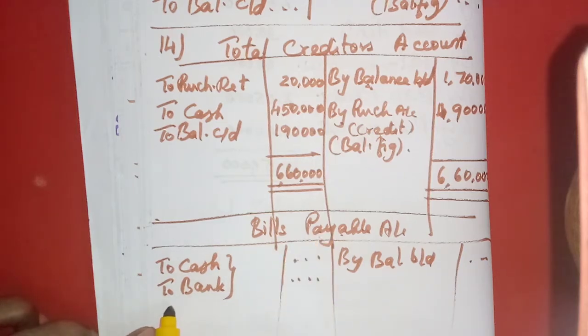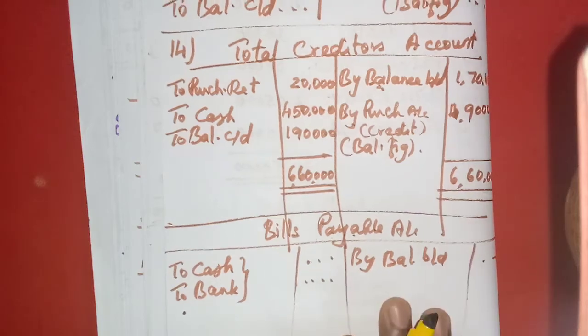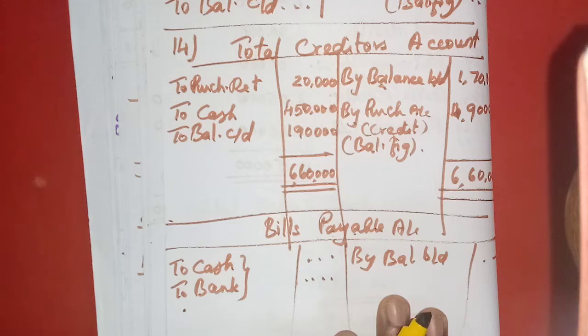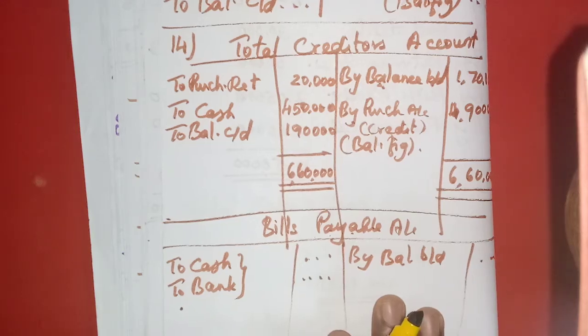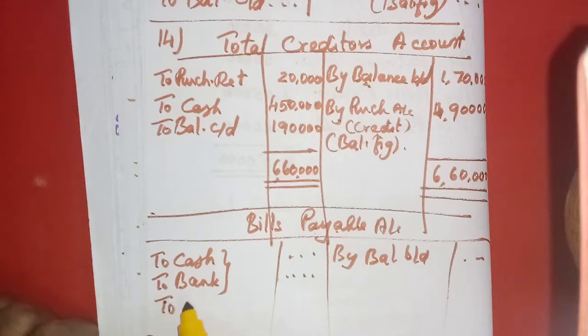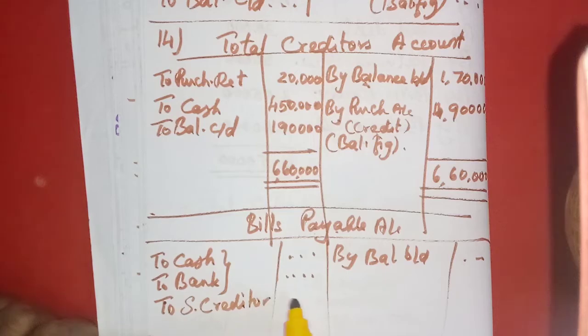When we accept the bills payable, creditors will be debited and the bills payable account will be credited. But here again, if it is dishonored, we have to debit the bills payable and we have to credit the creditors, sundry creditors account. Bills dishonor.